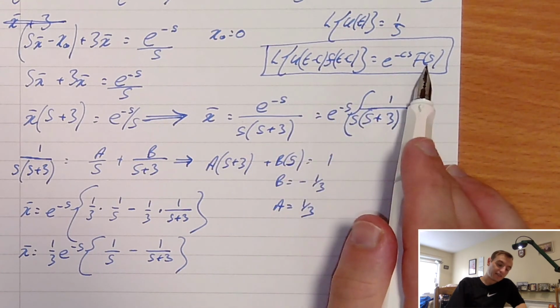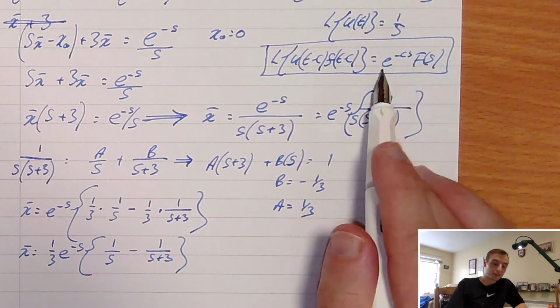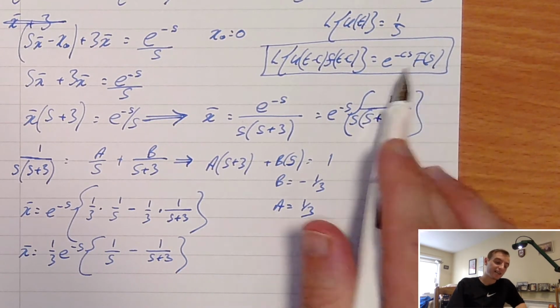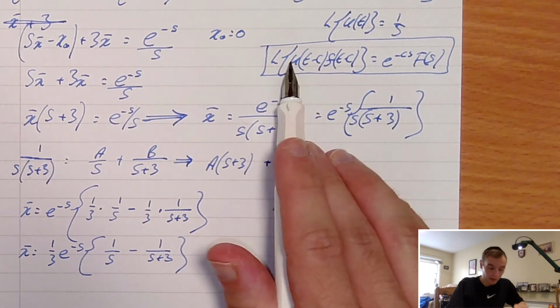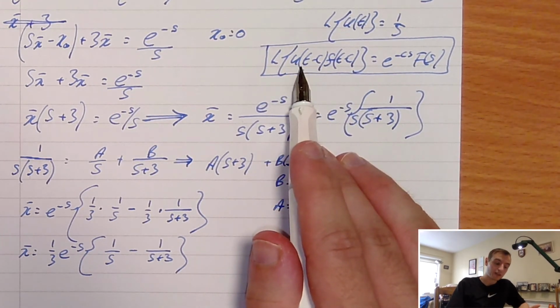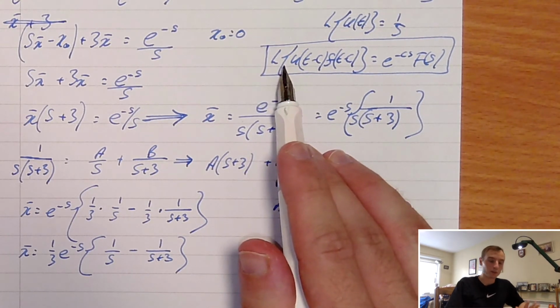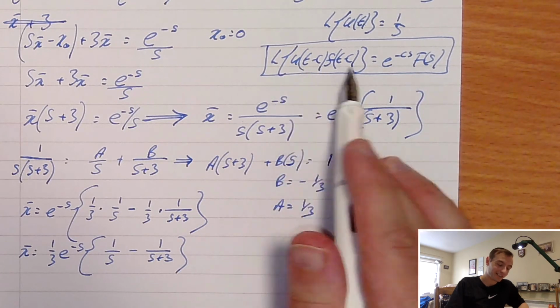We've got e to the minus cs f of s. So if we take the inverse Laplace transform of e to the minus cs f of s, that's going to give us u(t minus c) f of t minus c, because an inverse Laplace of a forward Laplace cancels the Laplace operations, if that's an expression.